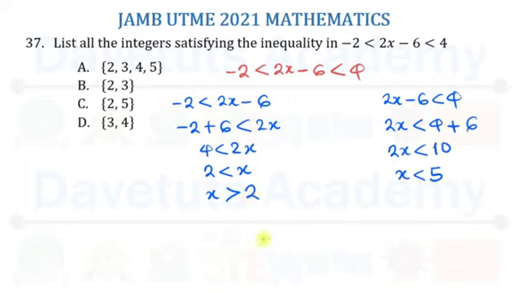I think this is quite good. If you want to put it on a number line, you can just have 0, 1, 2, 3, 4, 5, 6, 7.